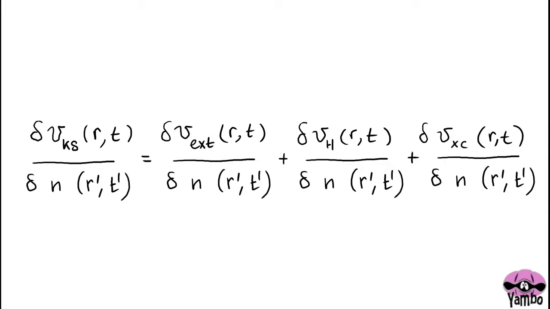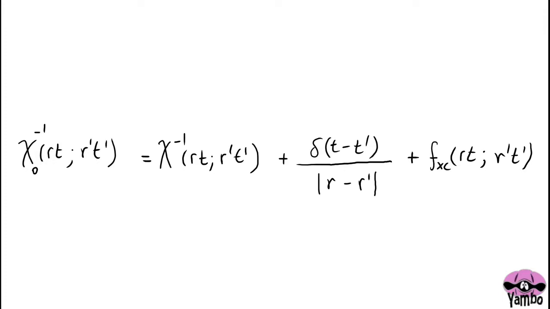Let's take the functional derivative of the Kohn-Sham potential with respect to the electron density, using the fact that the density is the same in the physical system and in the Kohn-Sham system. Then we recognize that on the left-hand side we have the inverse of the Kohn-Sham independent particle response. On the right-hand side, the first term can be recognized to be the response function.